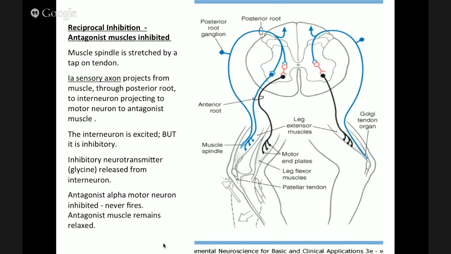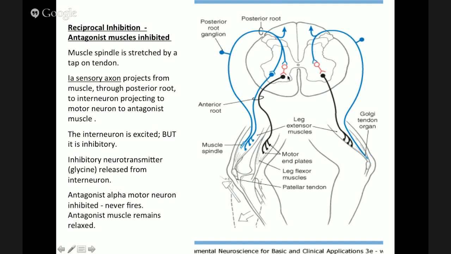At the same time that this reflex is initiated by the direct, monosynaptic connection on the motor ventral horn cell, there's reciprocal inhibition of the antagonistic muscle.